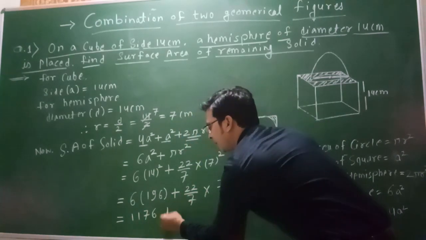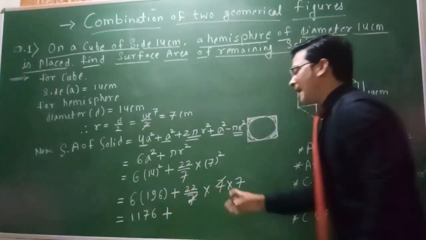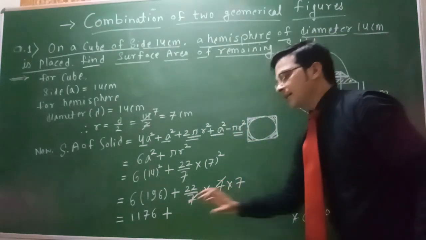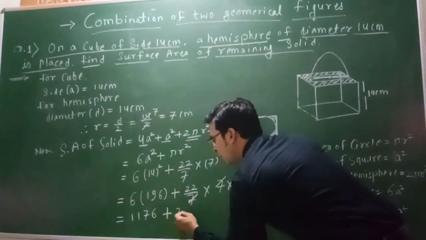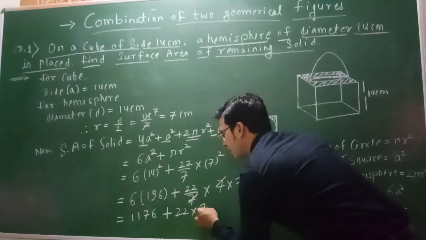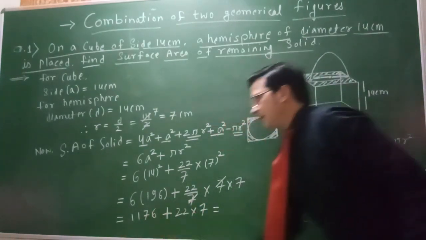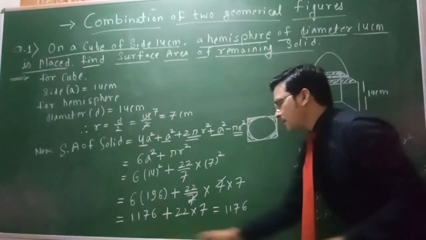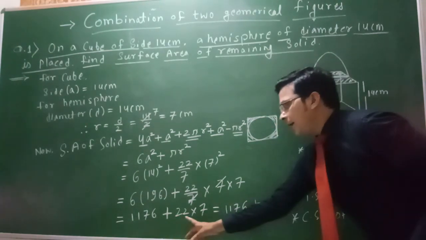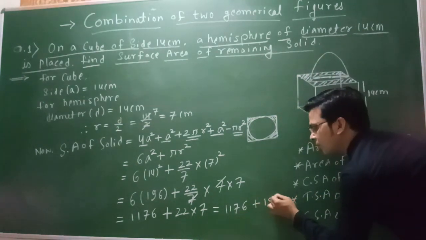Next is plus. In the next term, 7 and 7 get cancelled because one is in the numerator and the other is in the denominator. The remaining part is 22 multiplied by 7. Next step, we write 1176 as it is, plus 22 multiplied by 7, which gives us 154.